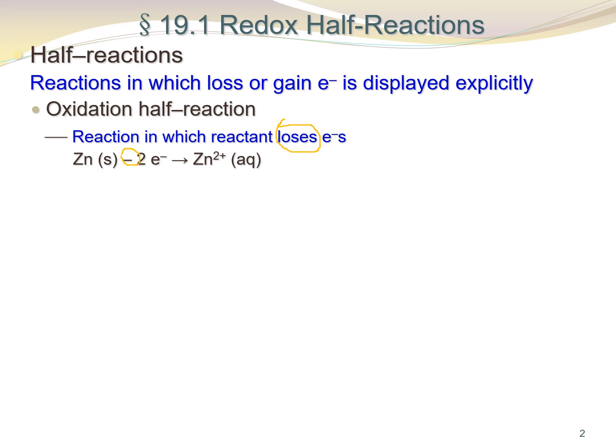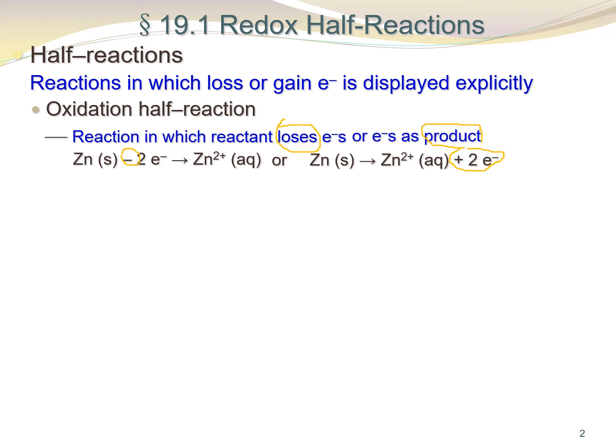We do not like a negative sign or minus sign in the half reaction or any other equation. So that is the reason why we are going to add 2 electrons on both sides so that we can have zinc yields zinc 2 plus plus 2 electrons. Here, electrons show up as the product.